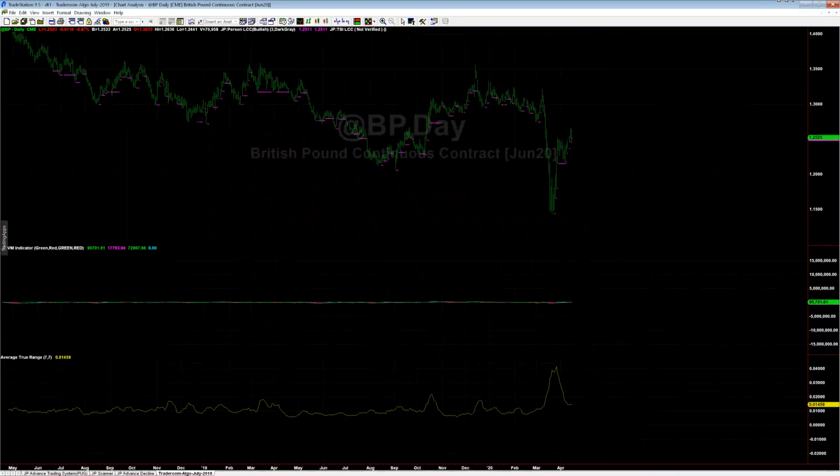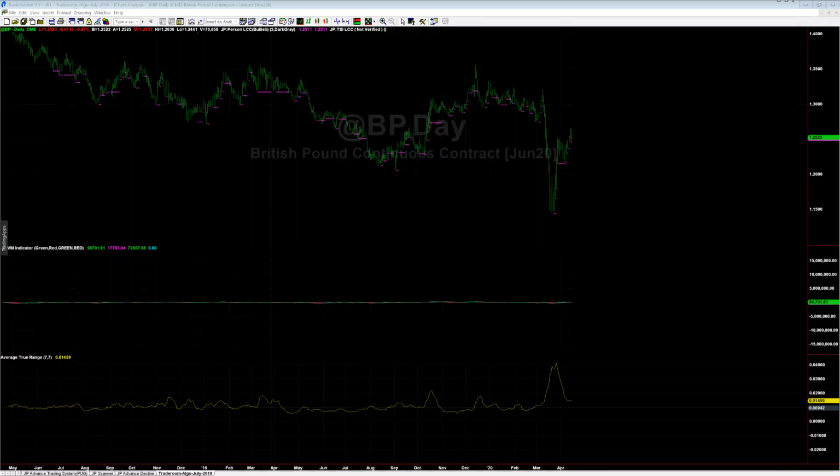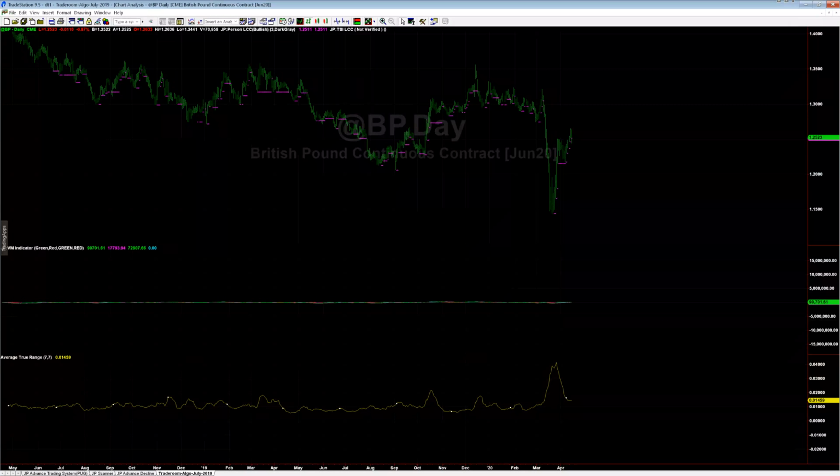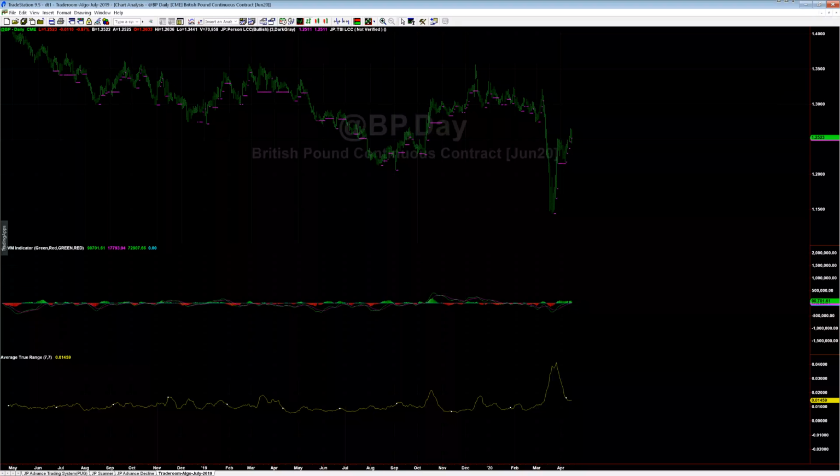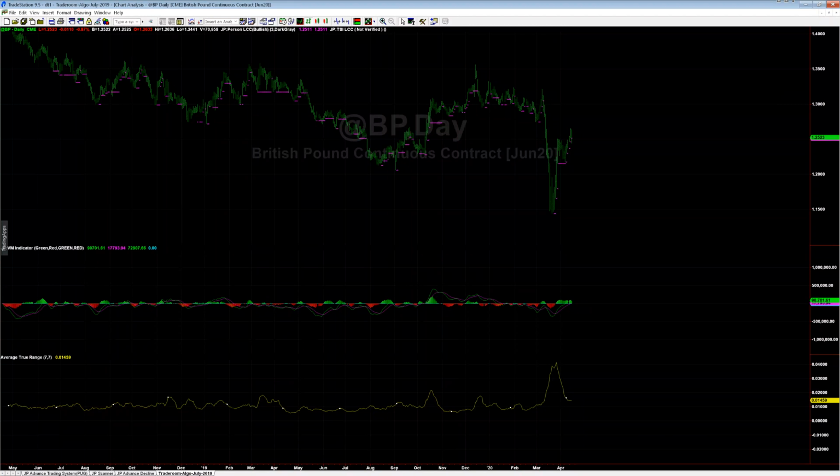But what's interesting is, where is ATR right now relative to its historic ATR in the British pound? It's almost like back to normal, right? Would you agree with that? It's at the higher end, but it's closer to normal than, say, the S&P 500. The S&P 500 has, I think, a 5-year historic ATR of around 28 points. We're at 121.